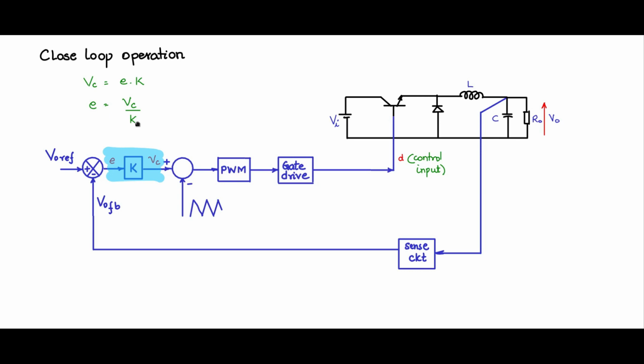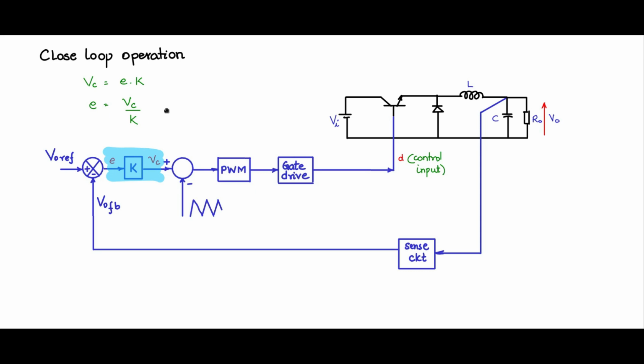If you make K infinite, whatever may be the variations in VC, E is always 0. The error is always 0, which means that the output is regulated. The output V0 feedback and V0 reference are the same, which means that the output V0 is as per the desired reference V0 ref.